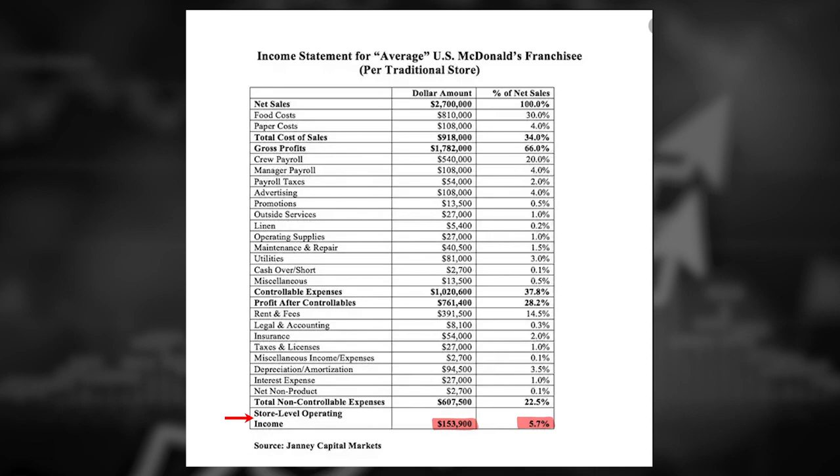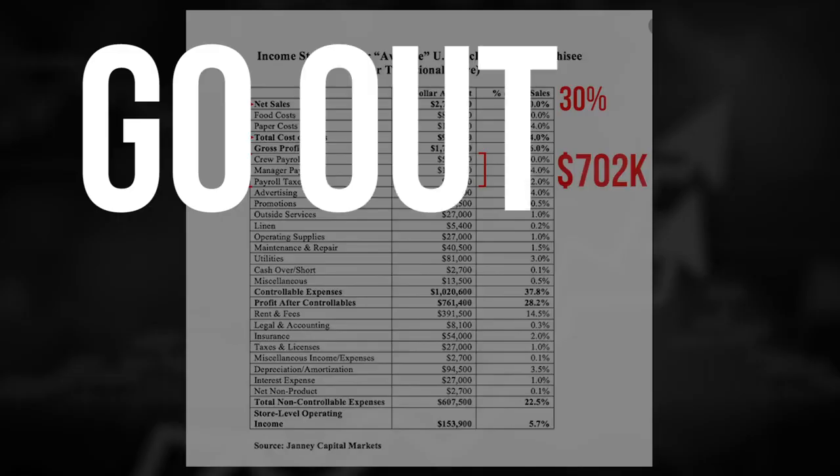With profit margins this thin and a payroll which is relatively fixed, if demand goes down, let's say their top line decreases by 20 or 30%, they have nowhere to go. They can't reduce their payroll. They can't reduce their costs. So the only option they have is to go out of business.